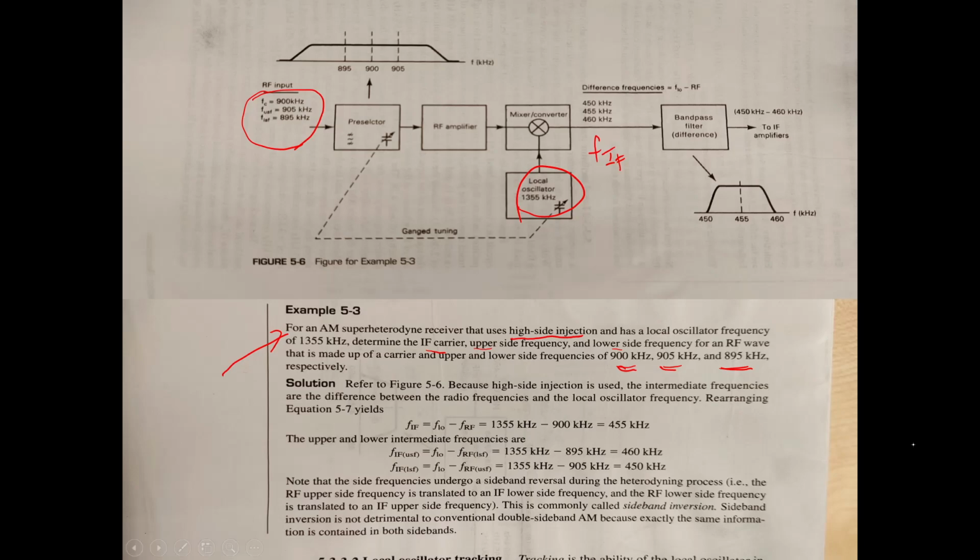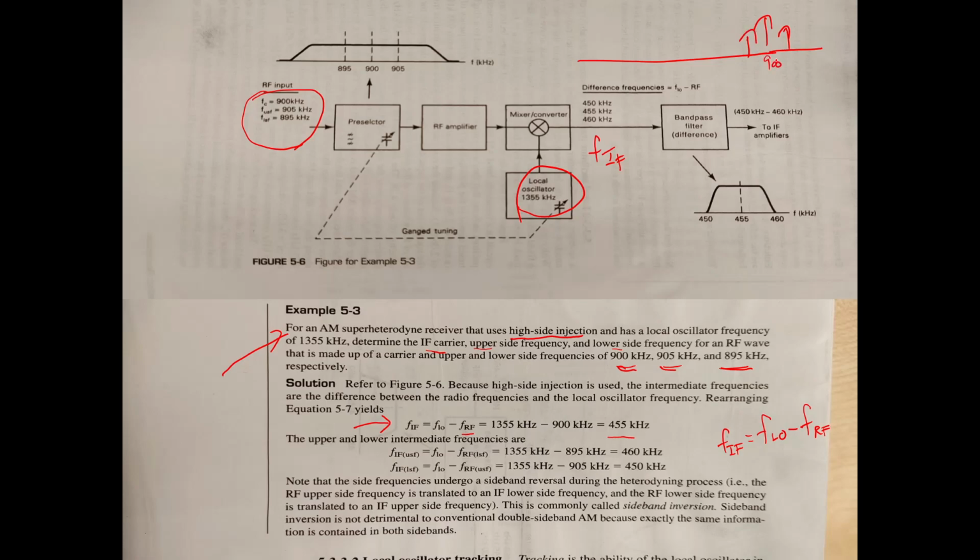We can use the high side injection equation, FIF equals FLO minus FRF. To find the center frequency of IF, we do FLO minus FRF center, which is 1355 minus 900 kilohertz, so we get 455 kilohertz. If you draw the frequency band, it is actually like this.